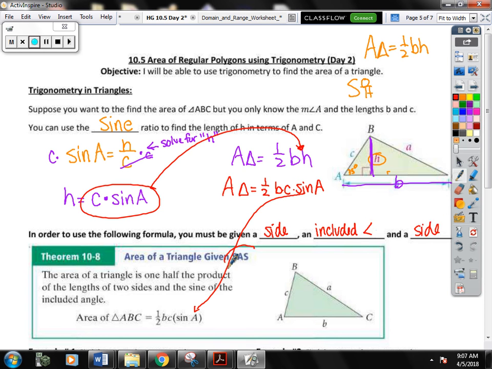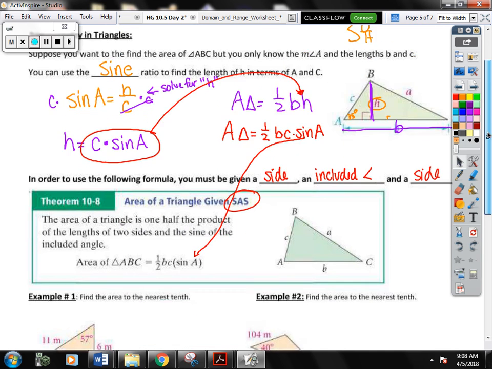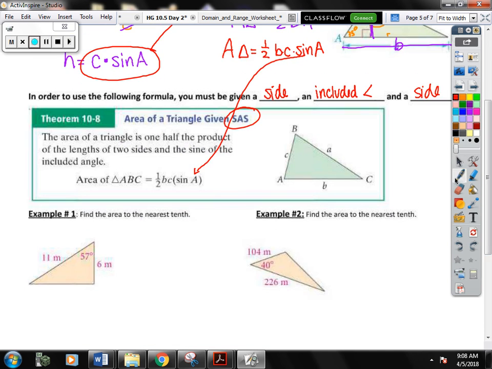So they call this SAS because you're given a side, an included angle, and another side. Otherwise, the formula doesn't work. Also, please be aware that you cannot use Pythagorean theorem to find the third side. Why not? You don't know they're right triangles. Okay? So make sure you don't use Pythagorean theorem when you're not allowed to.